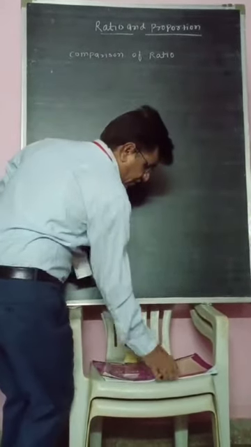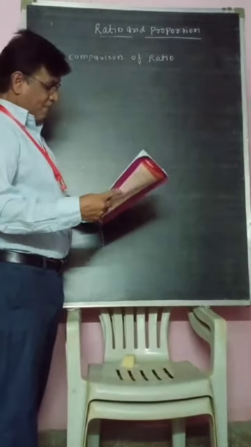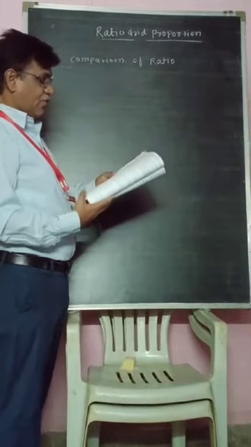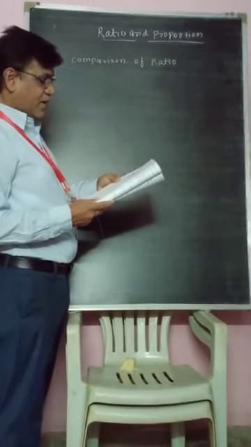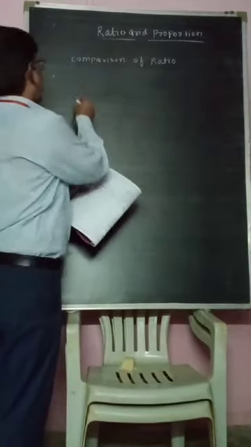What is question number 1 here? Using the property a by b is equal to ak by bk, fill in the blanks, substituting a proper number in the following. Now, what is the first question here?